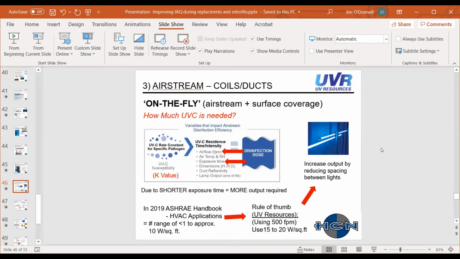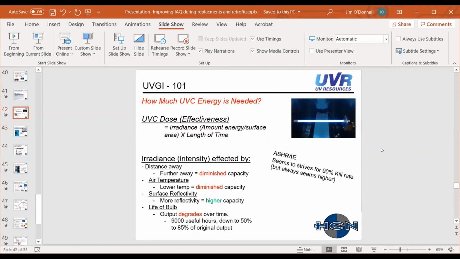The difference in the two values is to cover the items in the lower left-hand corner here, about the distance away and the surface reflectivity. They also talk about how you should size that output that I previously showed, assuming that the bulb output reduces by 50% or some value.